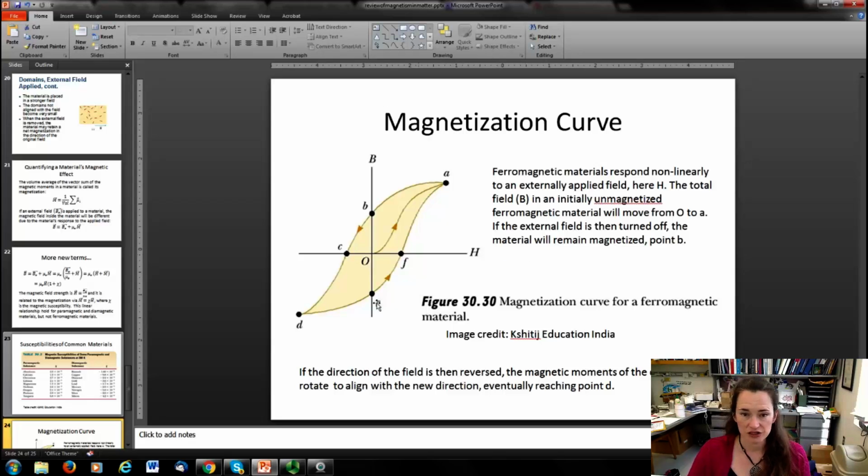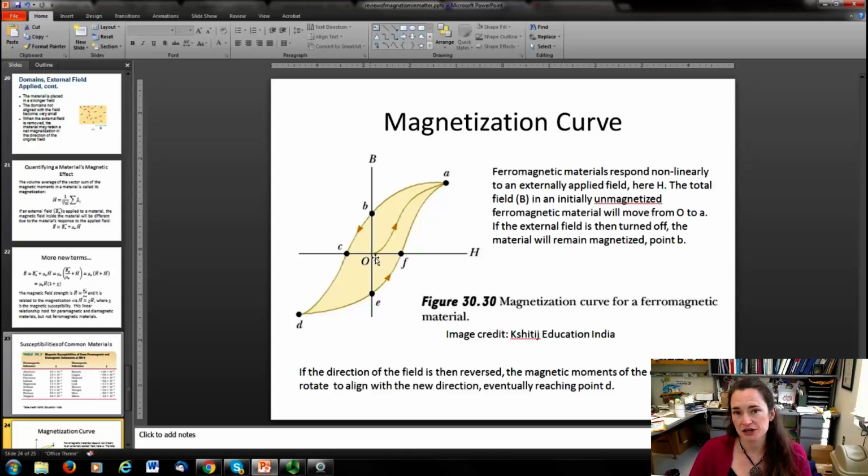Then you get this S-shaped curve. Let's say that you have an initially unmagnetized ferromagnetic material, and it starts at the origin. There's no externally applied magnetic field, and there's no net magnetic field inside the material either, but it is a ferromagnetic material.